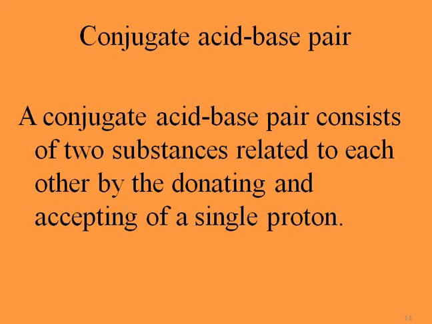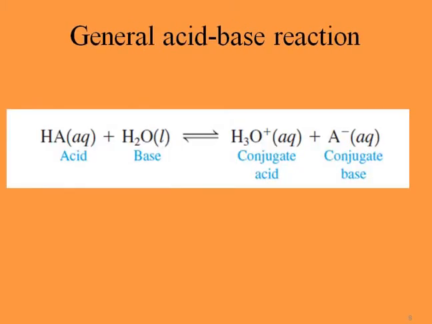So whenever we have a conjugate acid-base pair, it consists of two substances related to each other by the donating and accepting of a single proton. If I go back to the equation I showed you last time, we have HA, which is an acid, plus H2O, water, gives us H3O plus, which is hydronium ion, plus A minus.